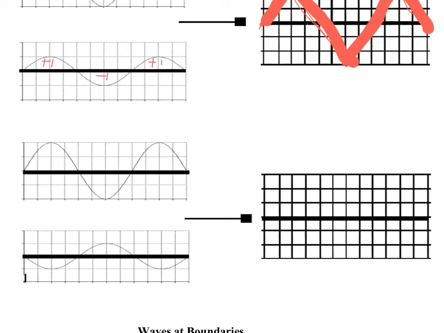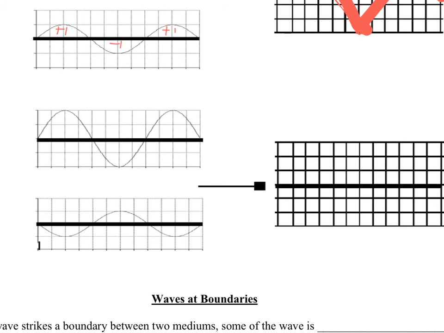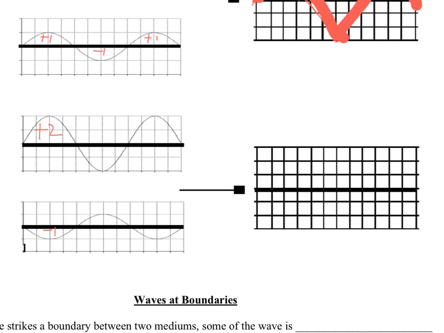All right, next one here. I need to change the thickness again, that's kind of annoying. So we have +2, -1, so that's going to give us +1. It's going to be right there. Mark one beginning point. We have -2, +1, so we have -1, so that's going to be over another 4 boxes, 1, 2, 3, 4, and it's going to be right here.